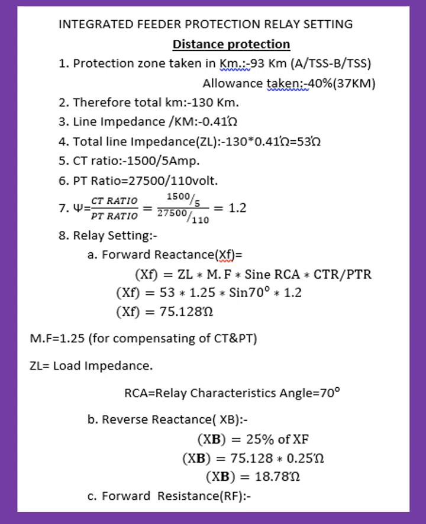Then ZL, line impedance, with relay characteristics angle 70 degree. Reverse reactance XB is taken as 25% of XF. So XB is 75.128 into 0.25, which is coming around 18.78 ohm.